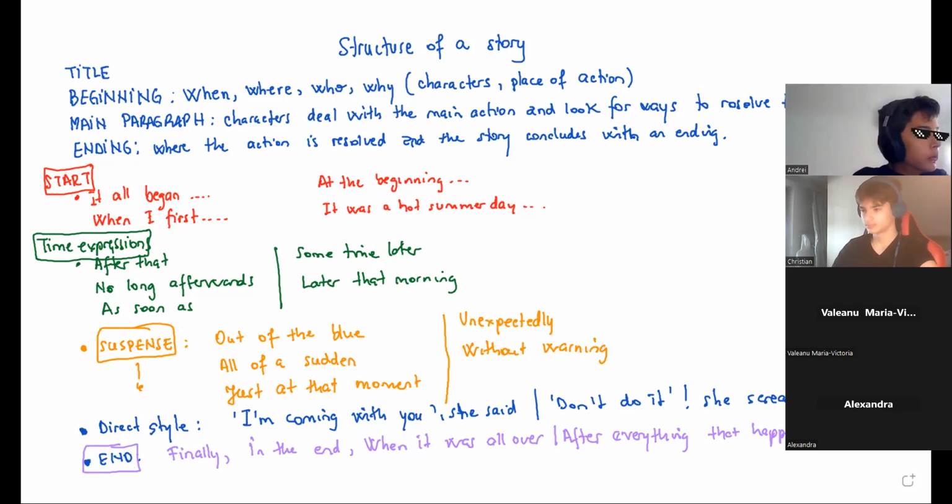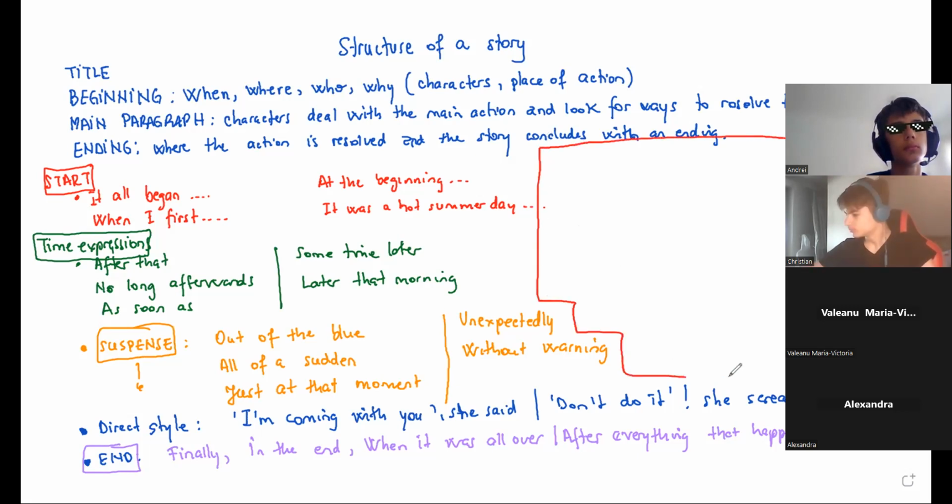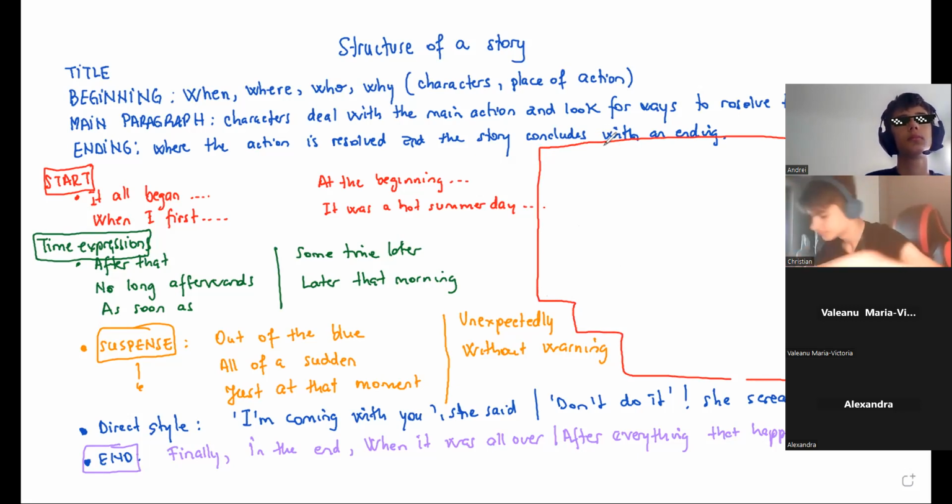Good. The most important thing you need to have in a story is time sequence. Let me explain what this means. And I will write it here. When you write a story, you are supposed to use only past tenses.